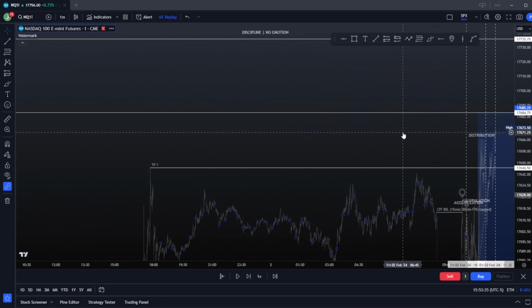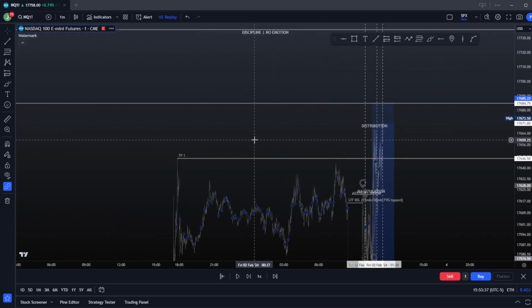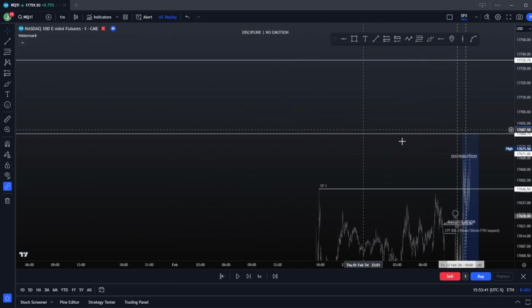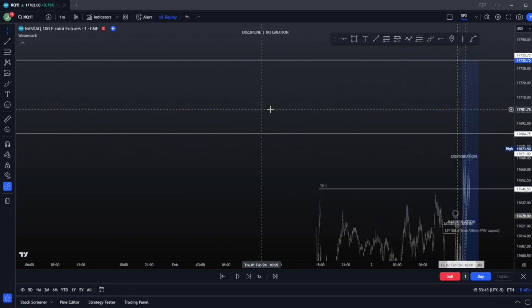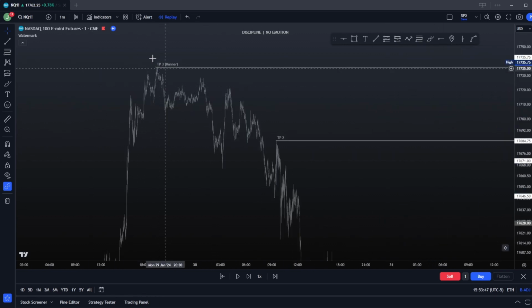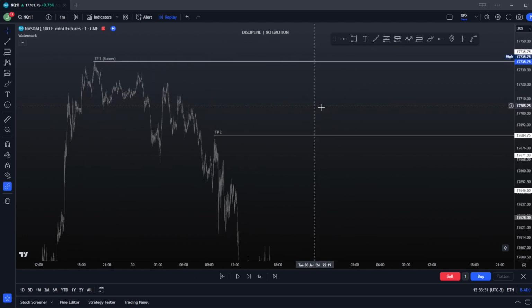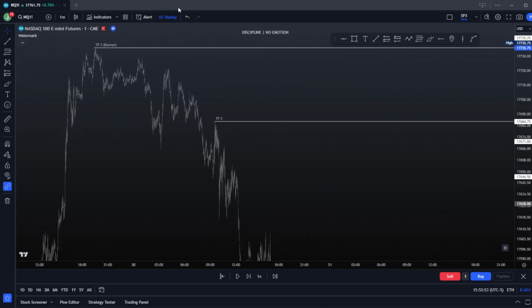So yeah, we have these two price targets, but now I'm looking at this swing high all the way up here. But obviously that will be a runner. You want to scale out of your position. That's a part of risk management too. Scaling out, very important.